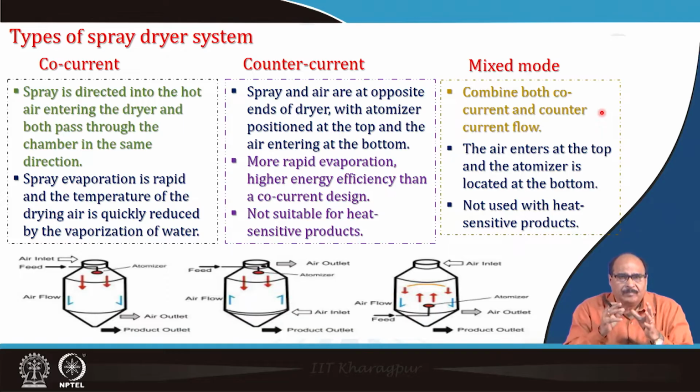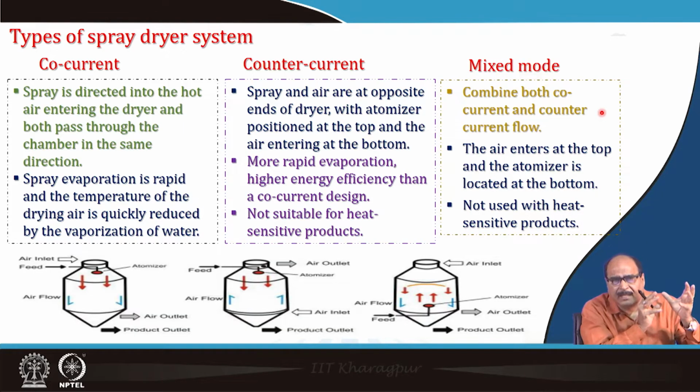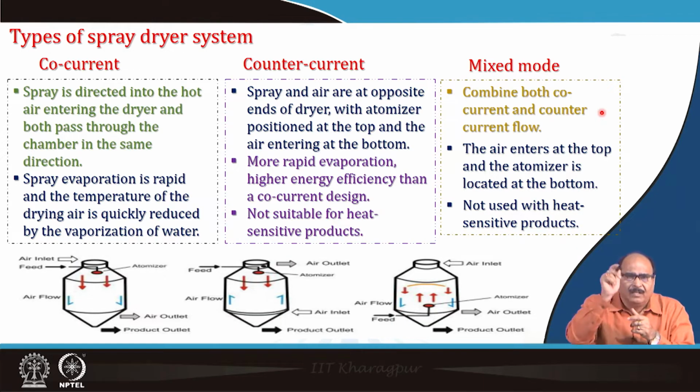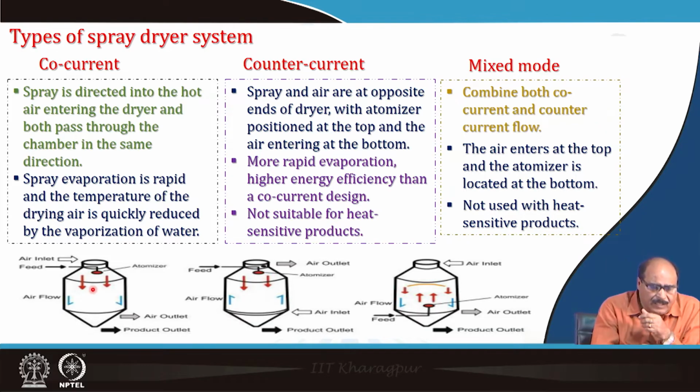Okay. So, you can see that there are different types of spray dryer systems, depending upon how you are bringing together the fine droplets and air. If you can see here, if the entry of the hot air as well as the feed is in the same direction, it becomes co-current.